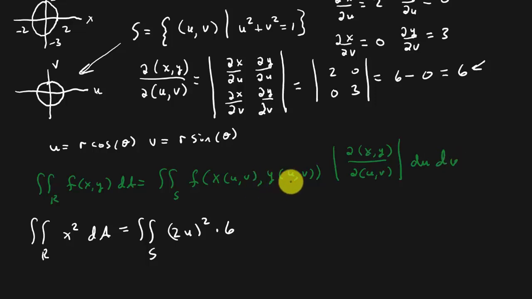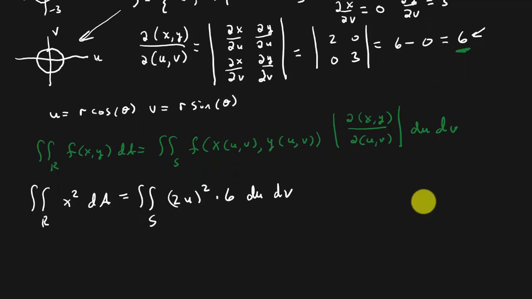So you can see what we did here is we replaced the x with what it equals, which was 2u, times the Jacobian, which is 6, and then we've got du dv. All right, so this is the double integral of, let's see, that's going to be 4 times 6, that's 24.